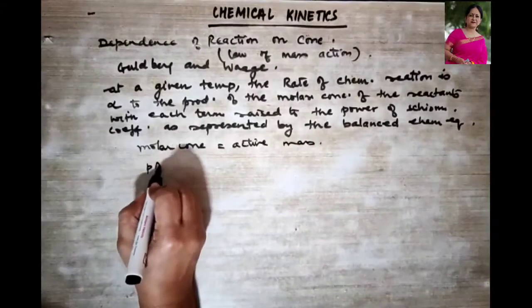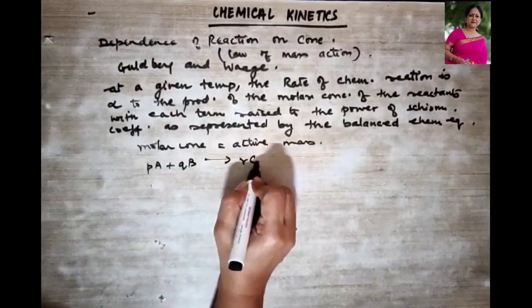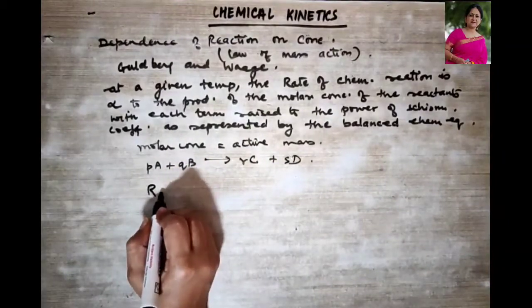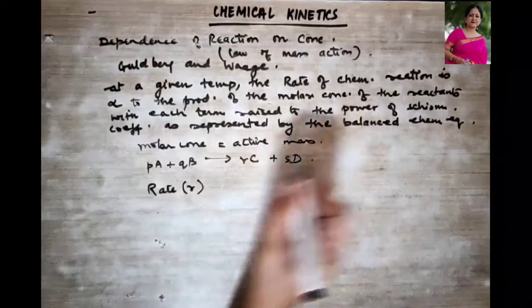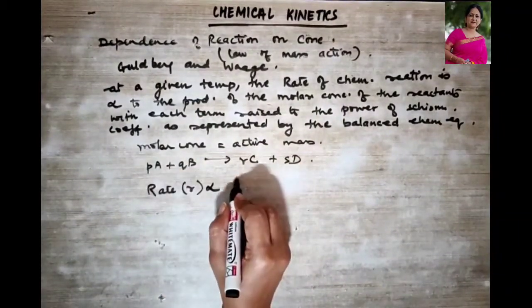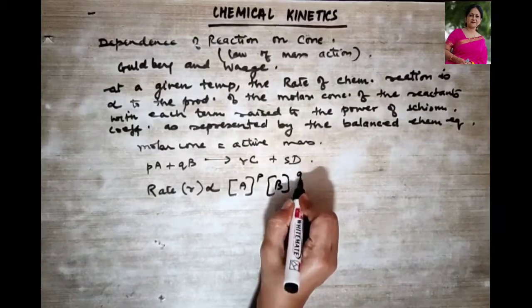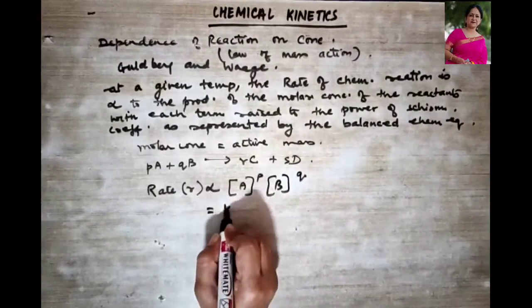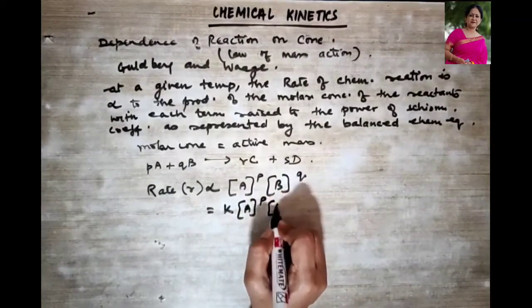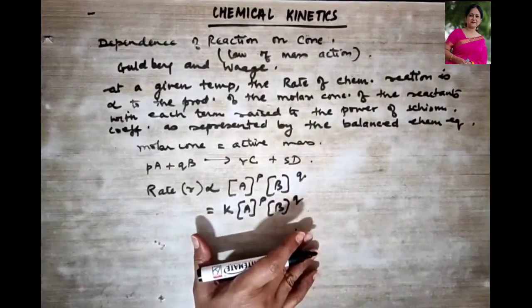So if I write down an equation, pA plus qB gives rC plus sD. So how are we going to write the rate of reaction? R, as I said, read the definition, is directly proportional to [A] to the power of p, [B] to the power of q. This will be equal to the rate constant k times [A] to the power of p, [B] to the power of q, right?